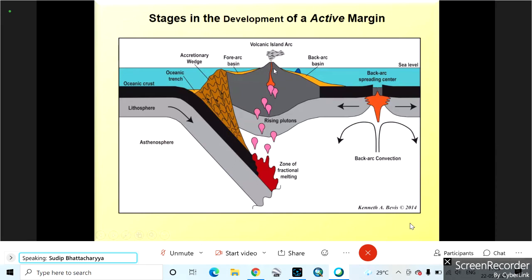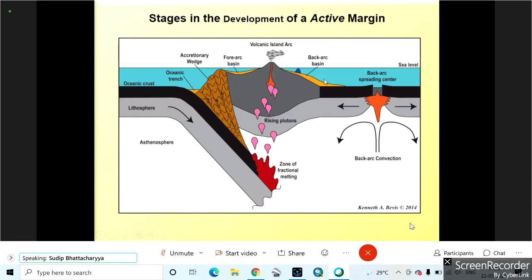Before volcanic arc, this is fore arc. After volcanic arc, this is back arc, and now if it is the continental crust, so back arc spreading centers are there. So the essentials are a back arc basin, fore arc basin, oceanic trench.